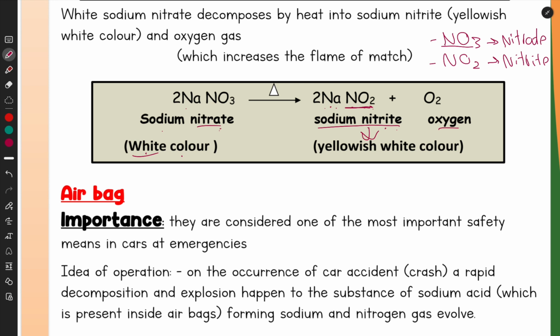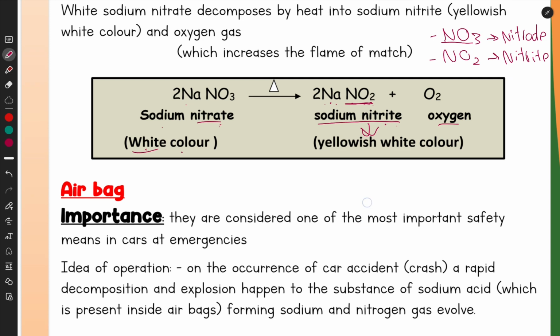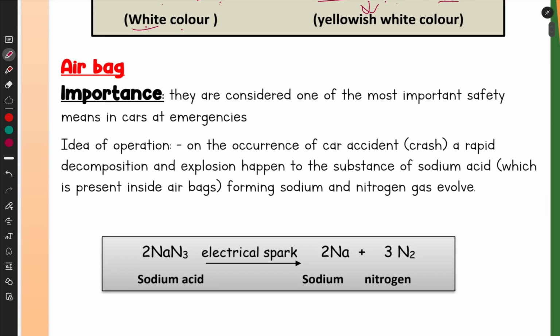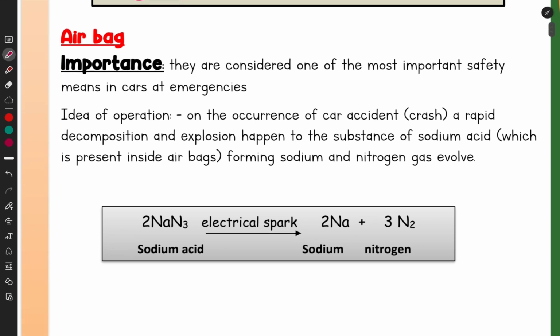Now we will finish the thermal decomposition examples and types, the 5 types of thermal decomposition. Now we will take some life applications of thermal decomposition. The life application we have today is the airbag.